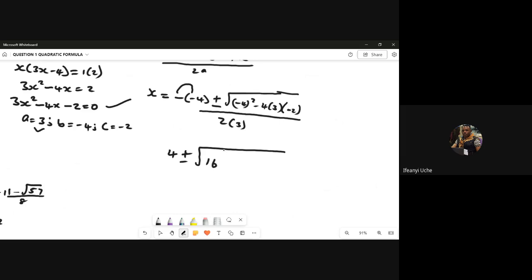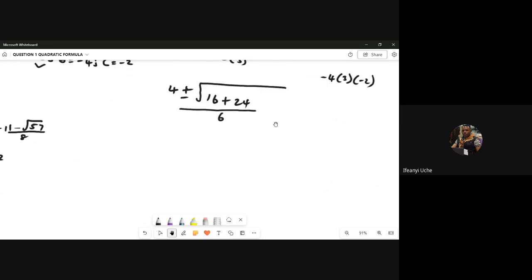Then I can punch this whole one in the calculator like this: -4, bracket opens, 3 closes, -2. Then it gives us 24. So we have +24 here, all over 6. Remember, we're solving for x.